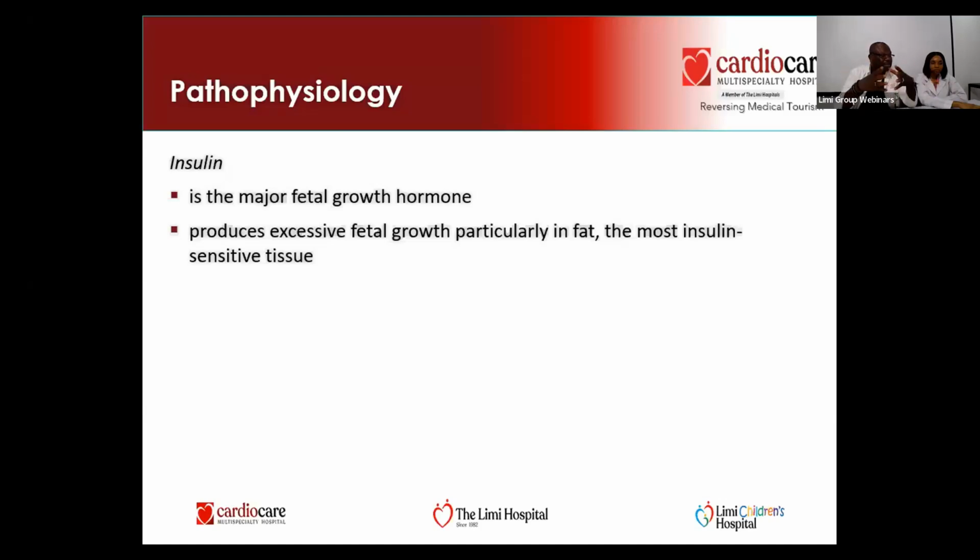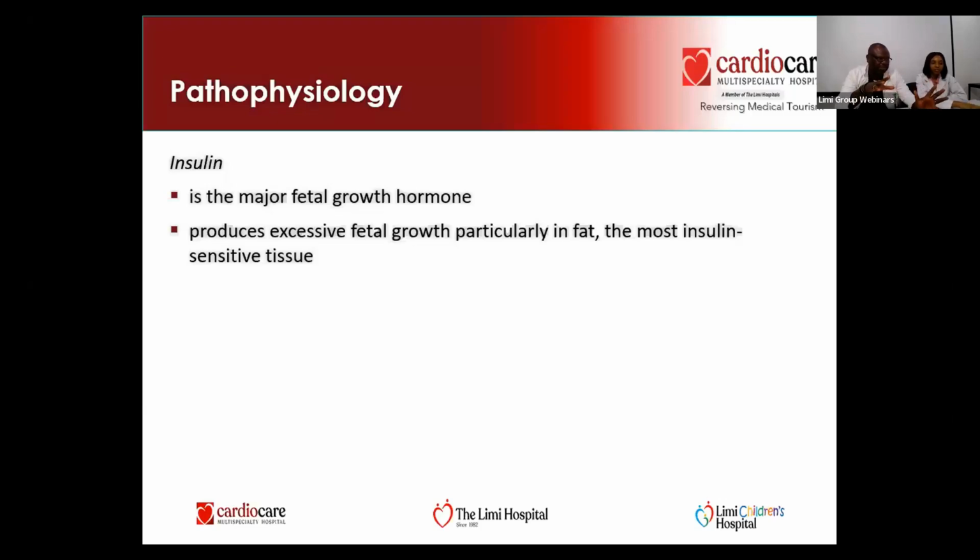So now what happens? Hyperglycemia, created by the insulin resistance in the mother, causes high glucose in the fetus. On its own part, the fetal beta cell produces excess insulin. This excess insulin attaches to these insulin growth receptors, most especially in the fat deposits, causing increased deposition of fat and giving you that macrosomic baby.